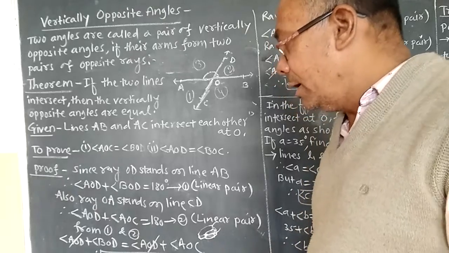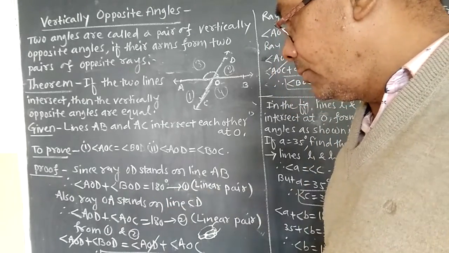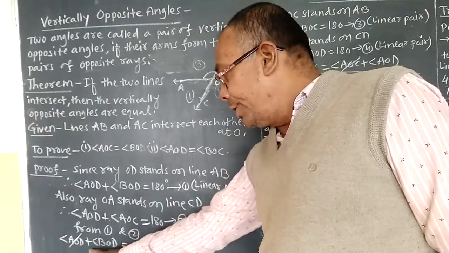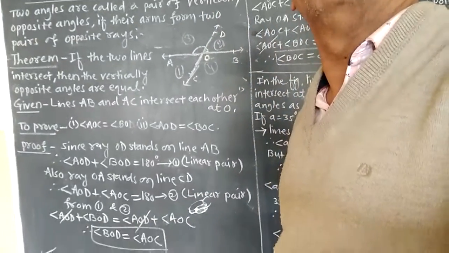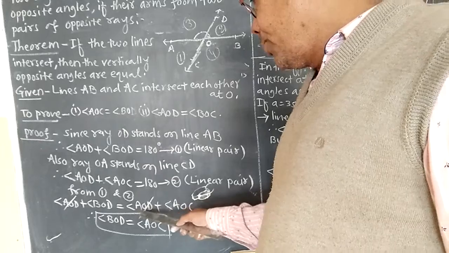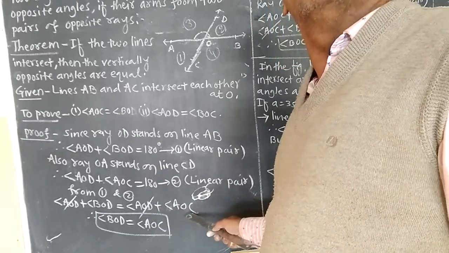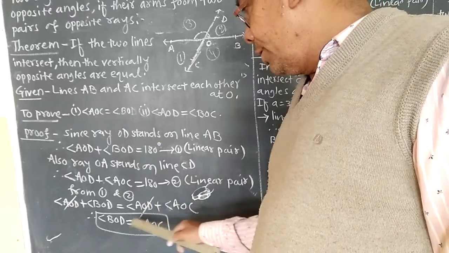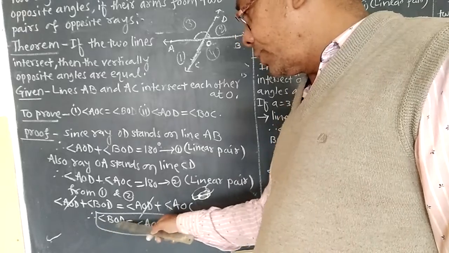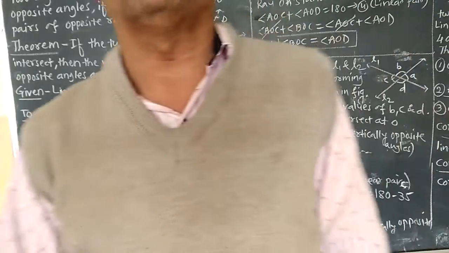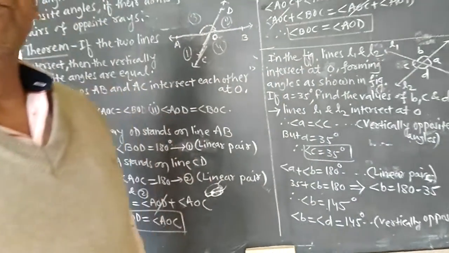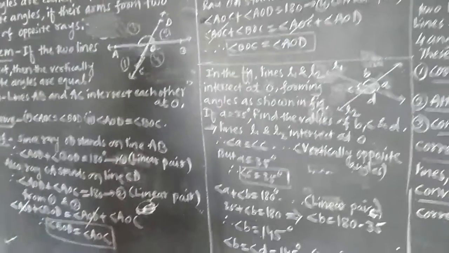By equating both equations, we get angle AOD plus angle BOD is equal to angle AOD plus angle AOC. Here AOD will get cancelled, and therefore angle BOD is equal to angle AOC. In this way, we have proved the first.